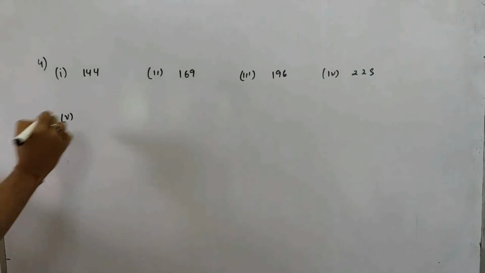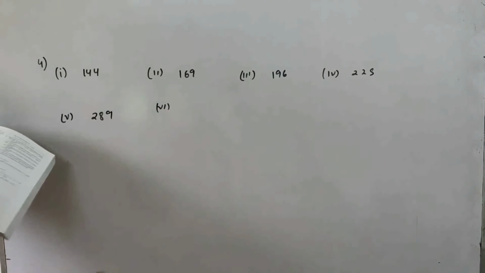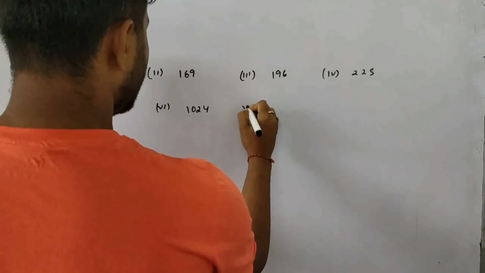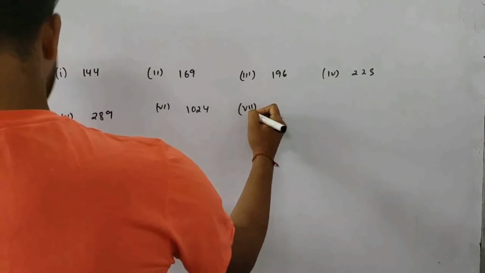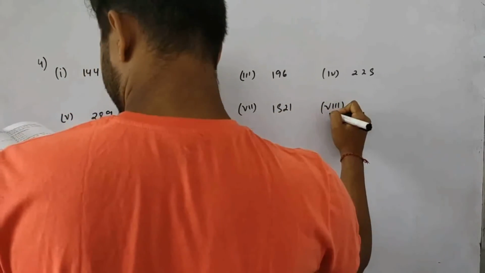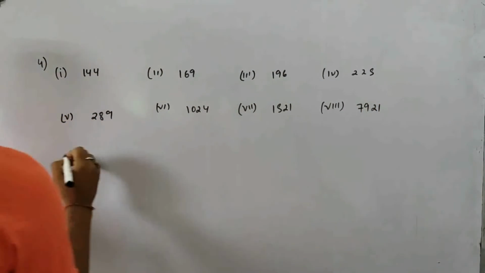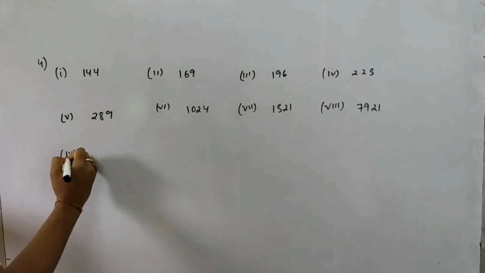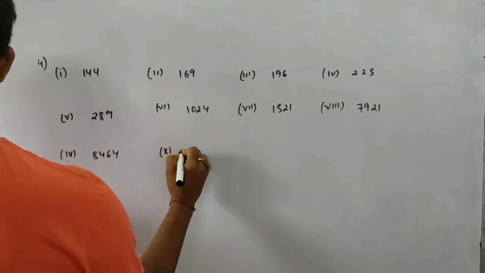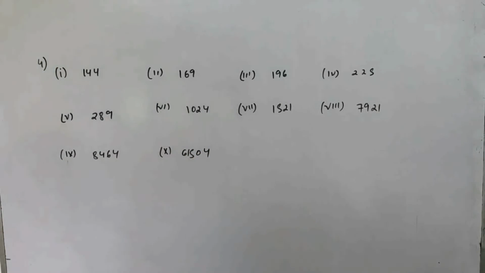Number 5: 289. Then 1024, 1521, 7921, 8464, and 61504.